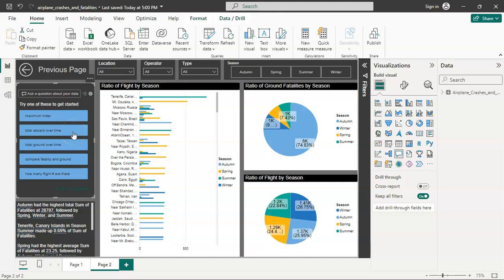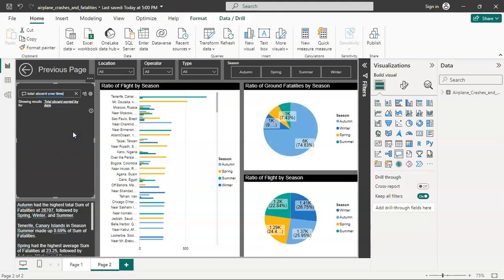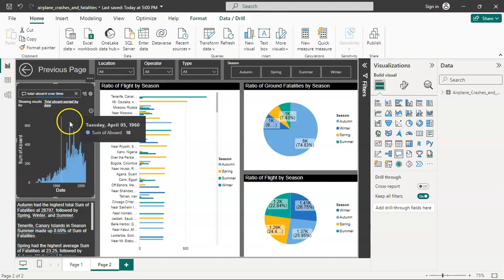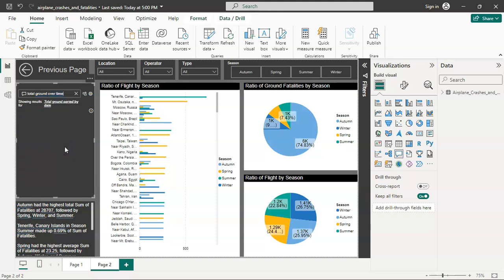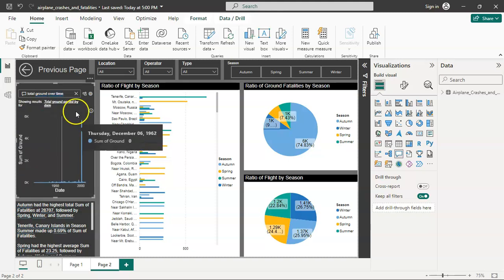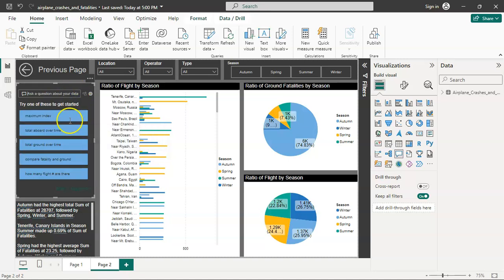You can also get the total aboard over time. This shows a chart of the total number aboard over time, by year rather. The next one is total ground over time. It also gives you a chart you can view, and you can close that once you are done.